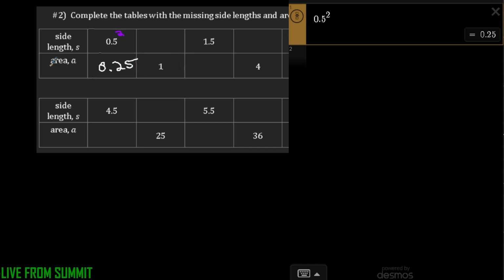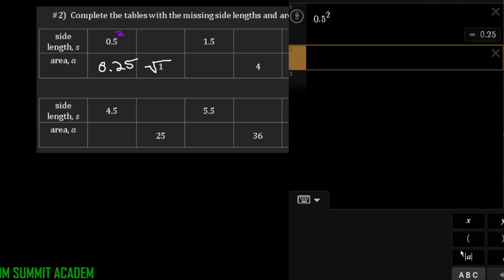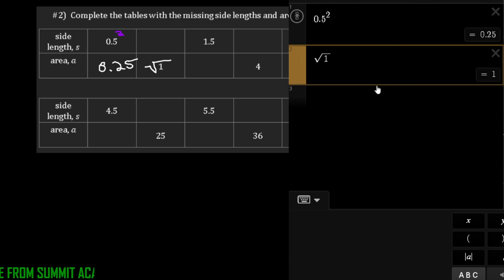However, when you're going from the area to the side length, you have to take the square root this time. So when I take the square root of 1, I use that little keypad and the square root button. I type in 1, and the square root of 1 is 1. So make sure when you're finding the side length, you're taking the square root.